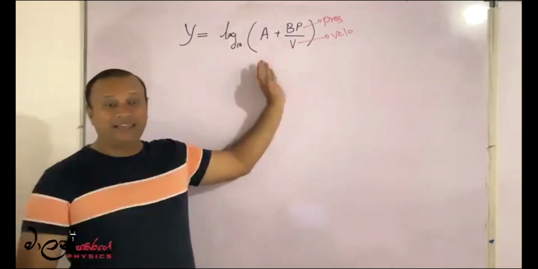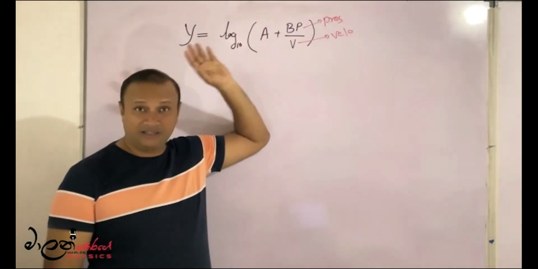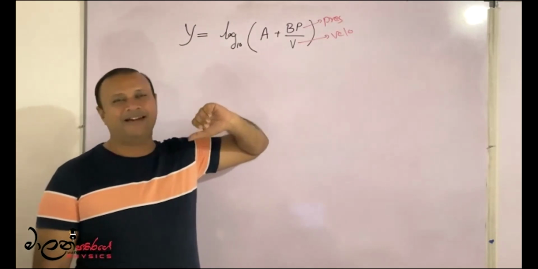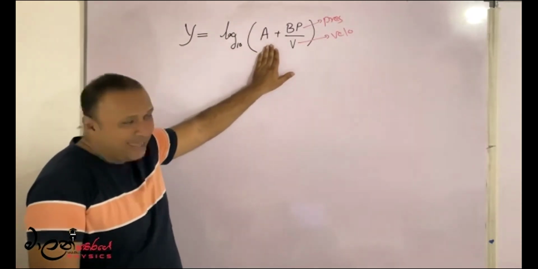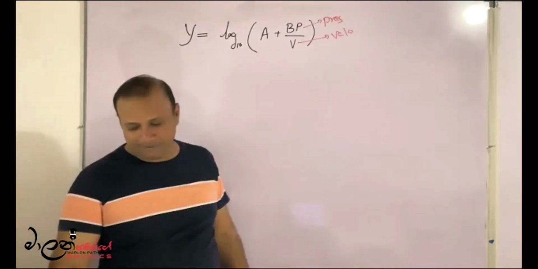So inside a logarithm function, there should be a number. Therefore, A is a number, BP over V is a number.